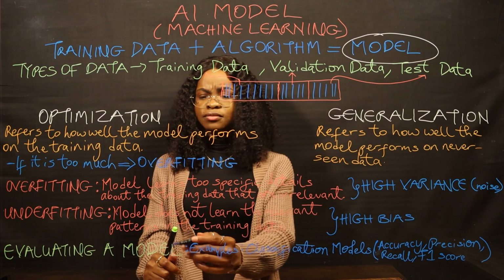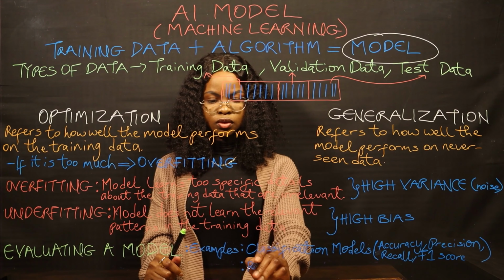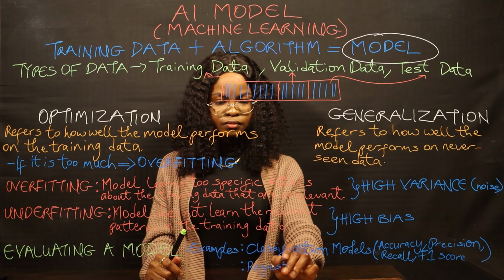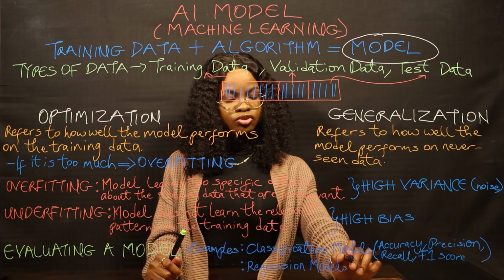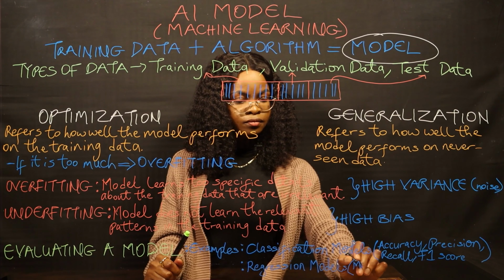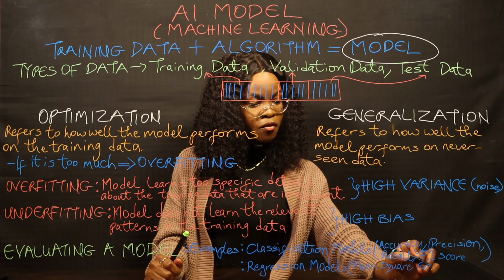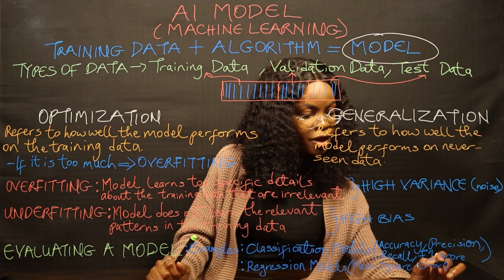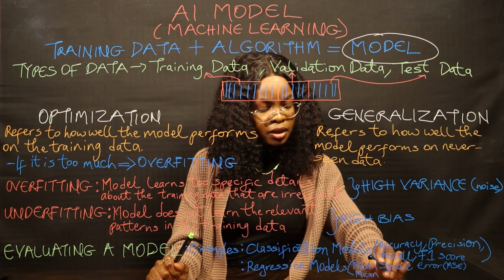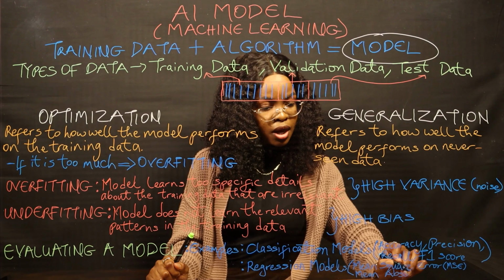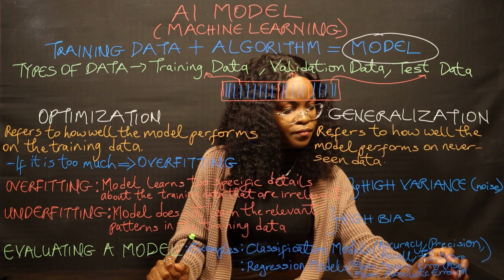Another type of model we could look into is regression models, which use metrics such as mean squared error, also known as MSE, and mean absolute error, known as MAE.